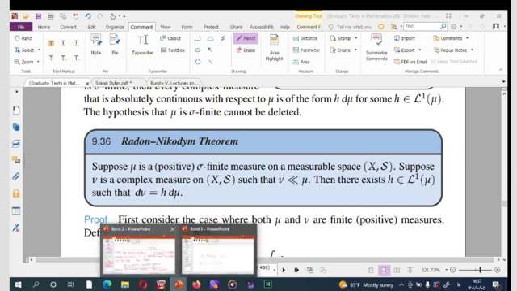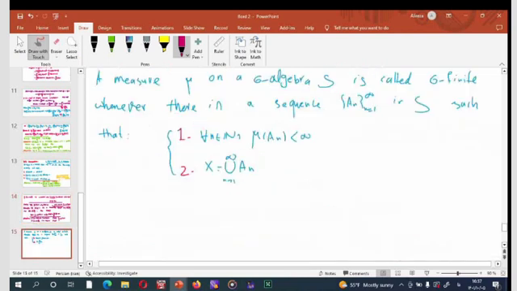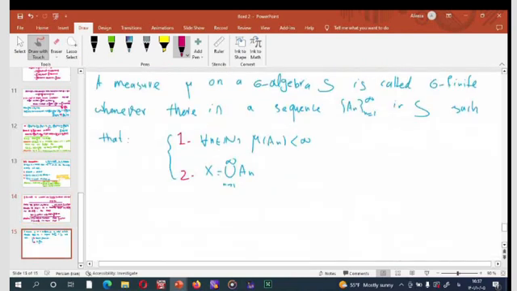And this is the definition of sigma finite measure. Remember, a measure mu on a sigma algebra S is called sigma finite whenever there is a sequence A_n in S such that for each n, mu of A_n is finite, and X equals the union of this sequence.